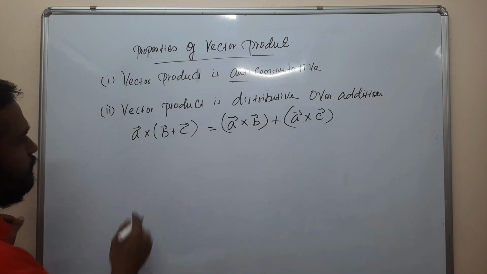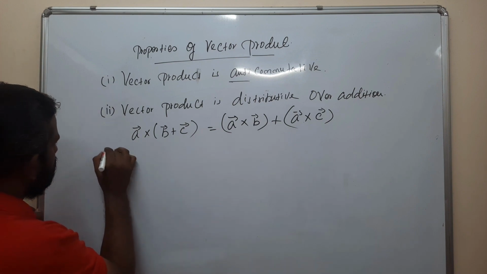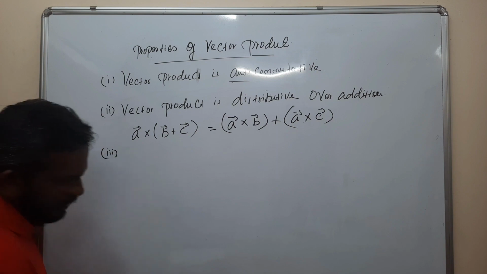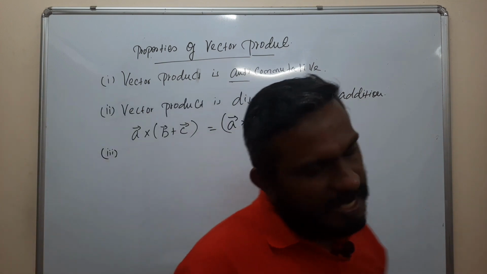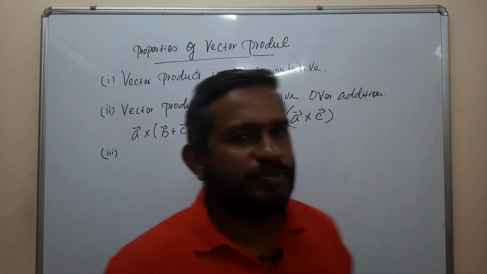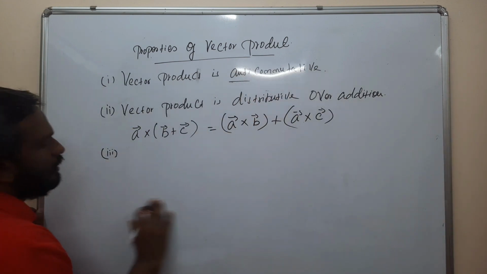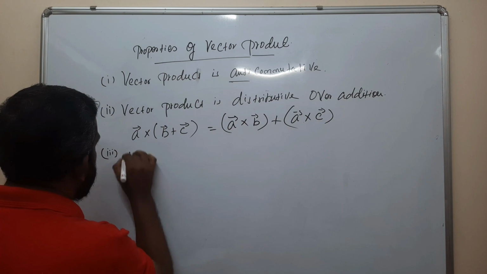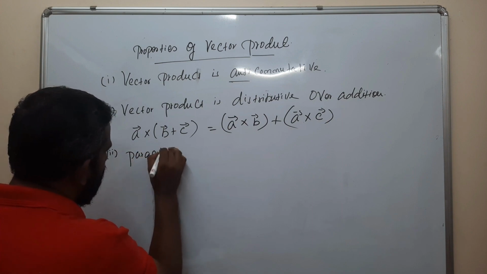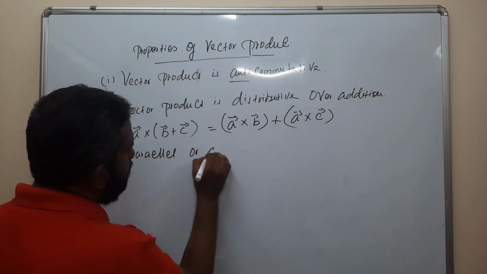Then the third property. Suppose two vectors are parallel or anti-parallel.